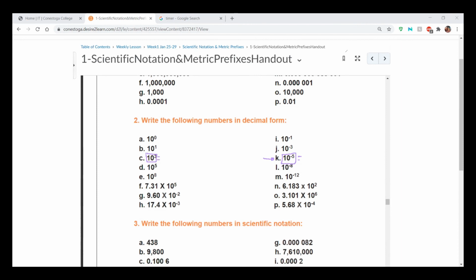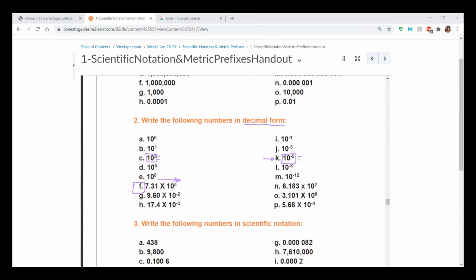However, when it comes to these ones, it is a little bit more clear, because in this case we have a definite place for our decimal point. If I ask you to write down in decimal form the number 7.31 times 10 to the 5, this would be rather easy, because all you have to do is take this number and skip the decimal point to the right 5 spaces.